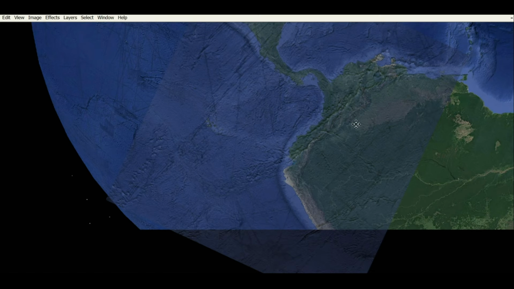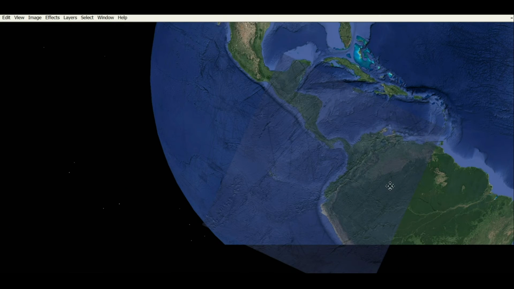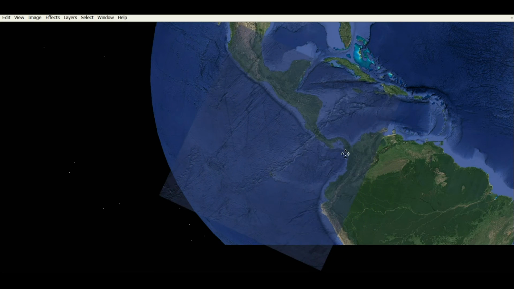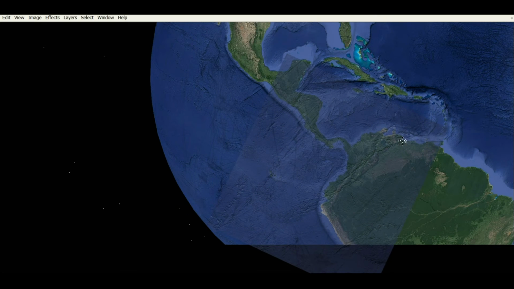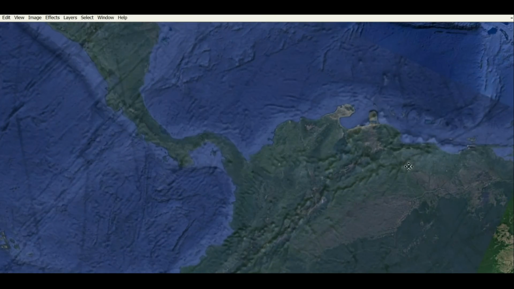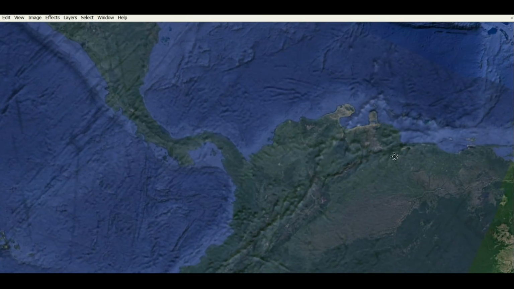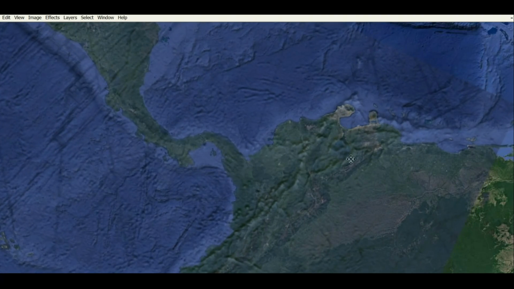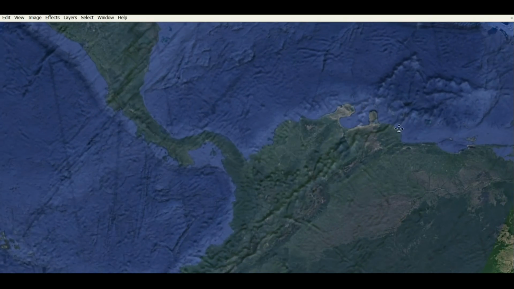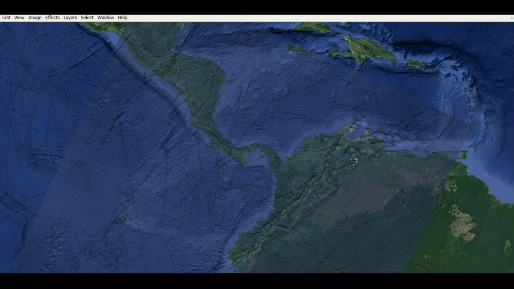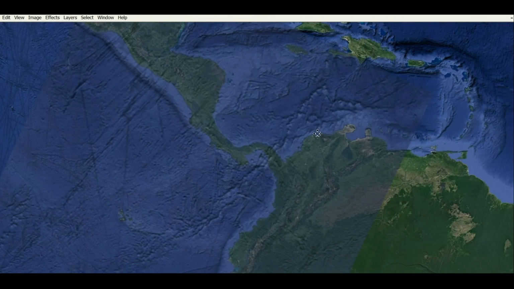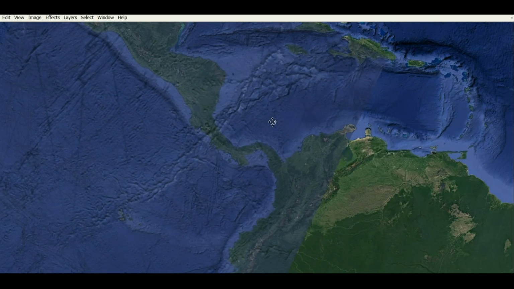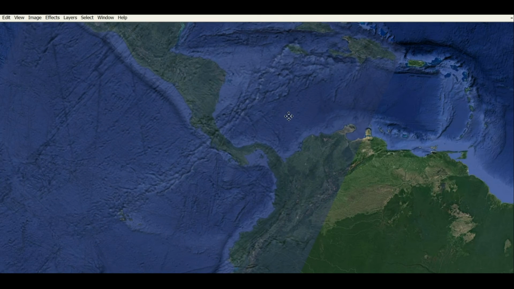Here we go with the shot of Central America, and I move this around so that you can see that it also lines up in here, but still I trip out on how good this alignment is right here, like that, and right here and here. You could tell this is moving too as it's twisting. Then you bring it up in here, and you can see it fits in here.